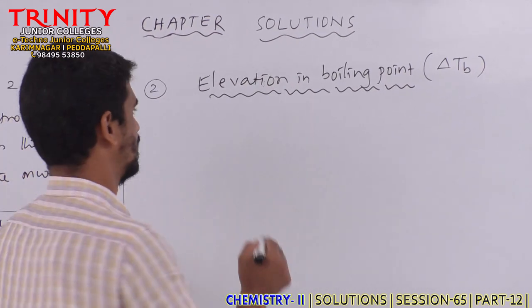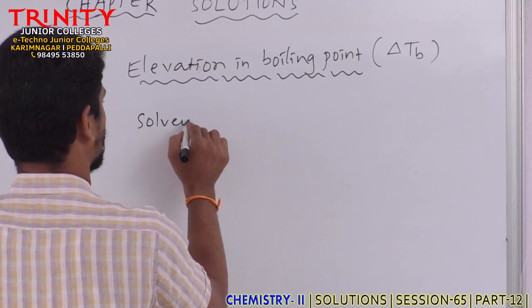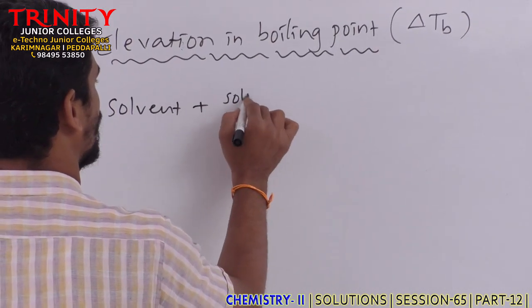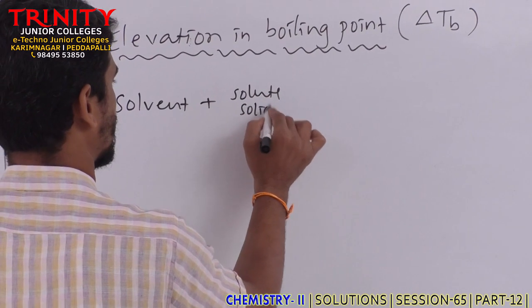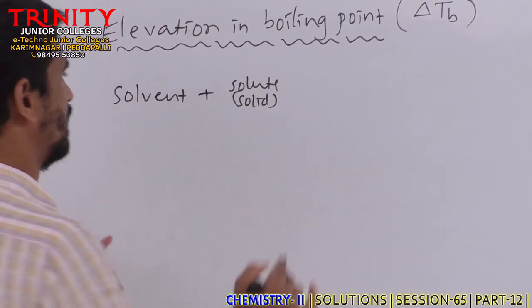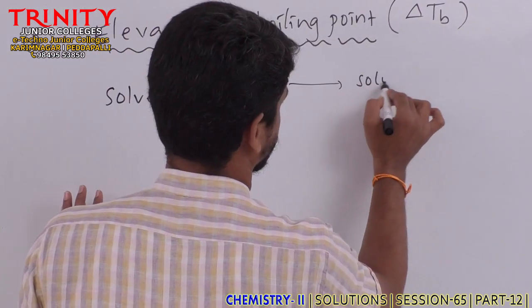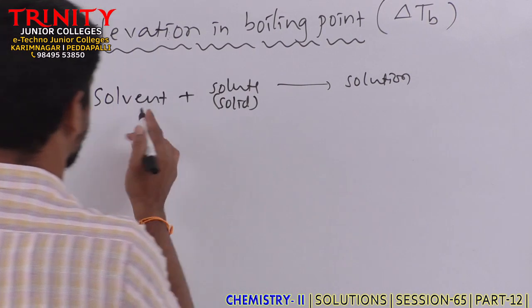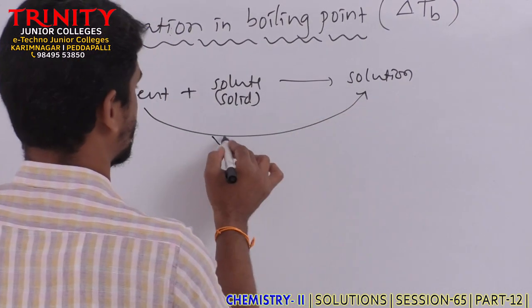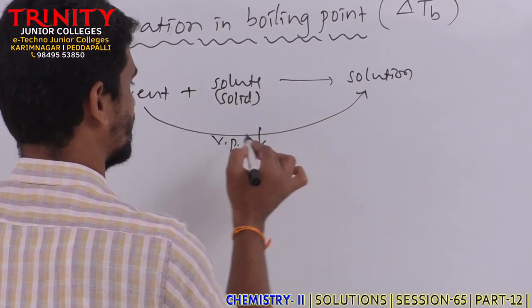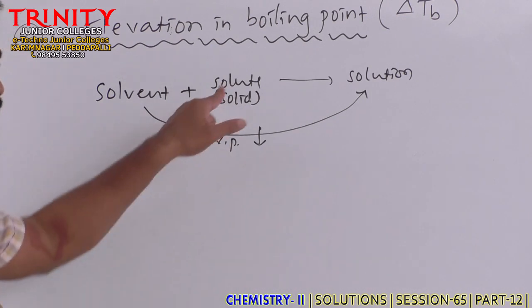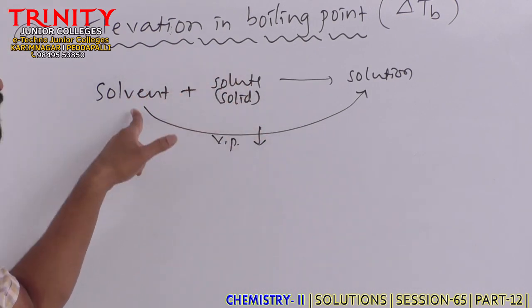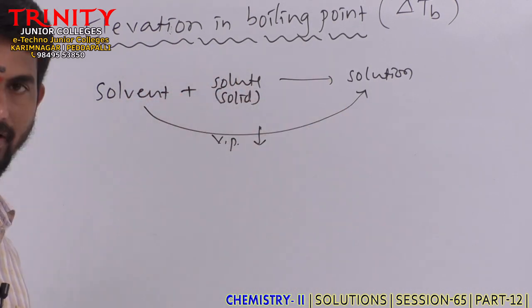So we know that if you take a solvent and add a solid solute to it, we get a solution. From solvent to solution, what happens to the vapor pressure? It decreases. Already we discussed it. When a solid solute is added to the liquid solvent, its vapor pressure decreases.